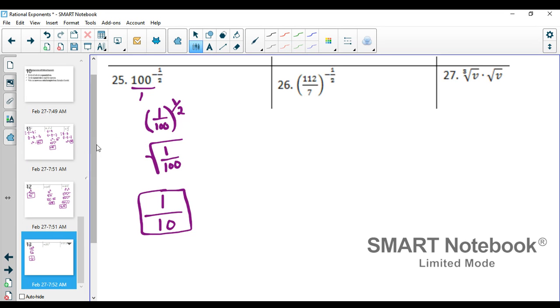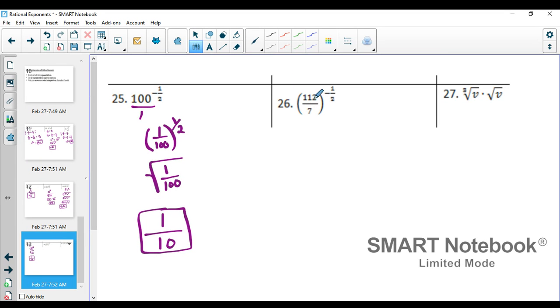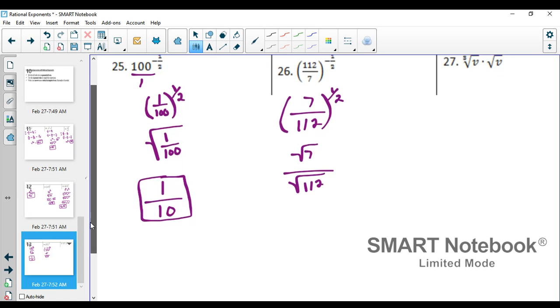All right, so for 26, we have 112 over 7, all to the negative 1/2 power. So remember, the negative flips the fraction, so we have 7 over 112 to the 1/2 power, which means the square root, and we're going to do the square root of both of them. So we have the square root of 7 over the square root of 112. You can write it this way first and then break it up, but I'm just going to skip that step and do this way.